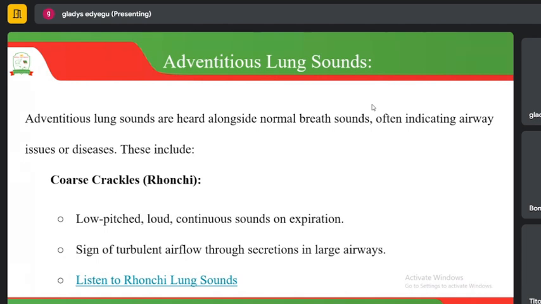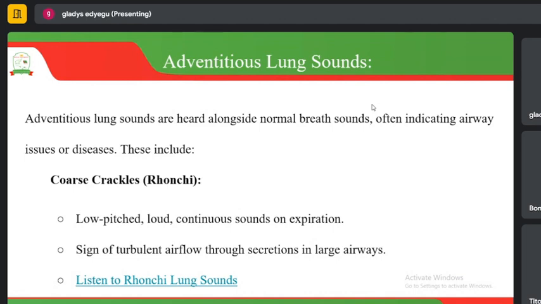When the patient is breathing and you put your stethoscope and you hear that kind of crackles, it is either loud or sometimes low-pitched, but it is a crackle, and it may continue sounding as the patient is breathing. Then you can suggest maybe this is a different condition.